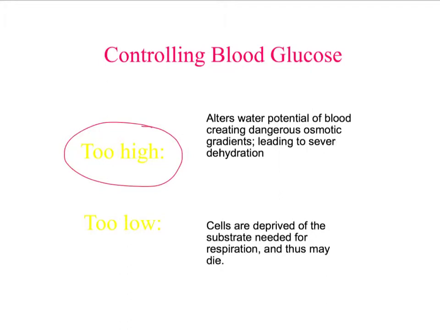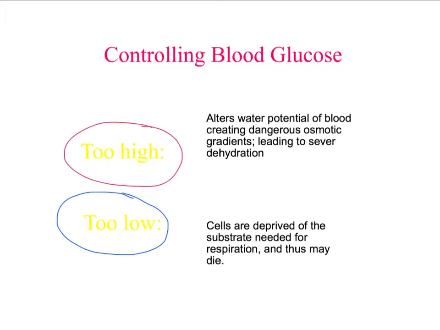But conversely, if our glucose falls too low, we're starving our cells essentially of the respiratory substrate, glucose. We need glucose in respiration to provide energy. So we are actually depriving our cells of that substrate needed, and the cells could die as a result.